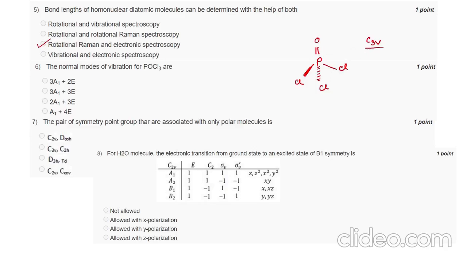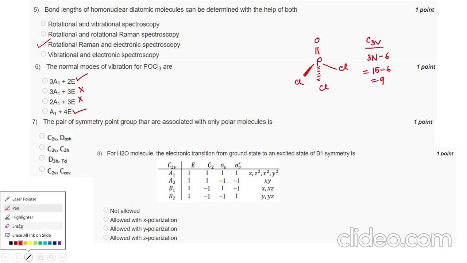Let us see mathematically: there are 5 atoms and nonlinear, so 3n minus 6, 15 minus 6, 9 normal modes of vibration. From the first option, this looks correct and this looks correct. These are not 9 modes of vibration, right? Actually there are. So 3 into 5, 1, 2, 3, 4, 5, 15. So I have made a mistake.